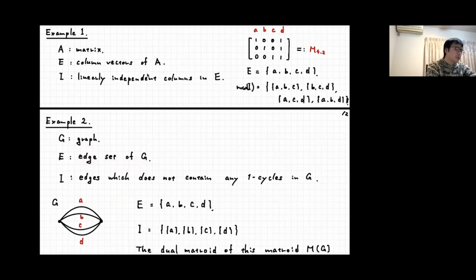Then inside of these edges, as capital I, we consider edge sets which do not contain any cycles in capital G. So it means that we can take some choices of the edges, but we cannot take the edges which in fact construct cycles.